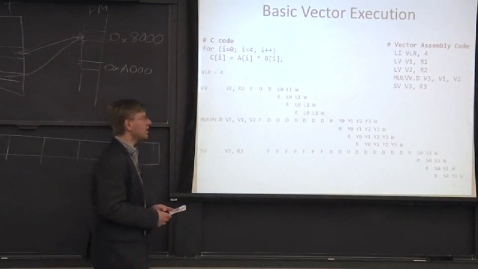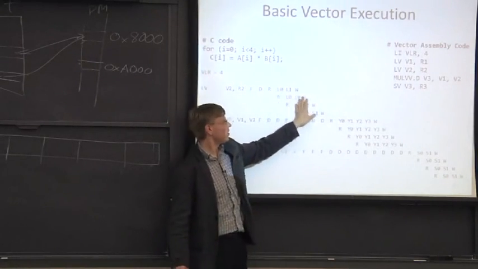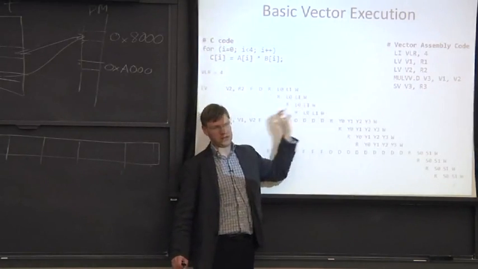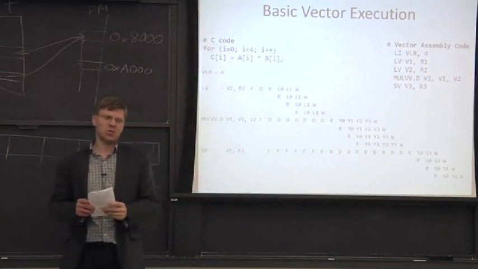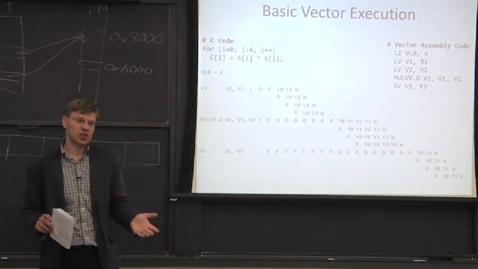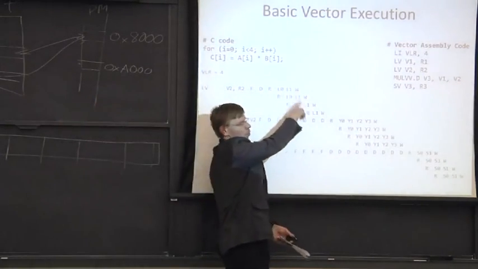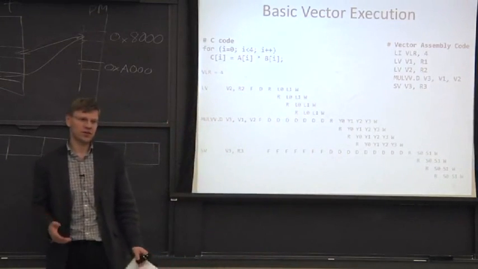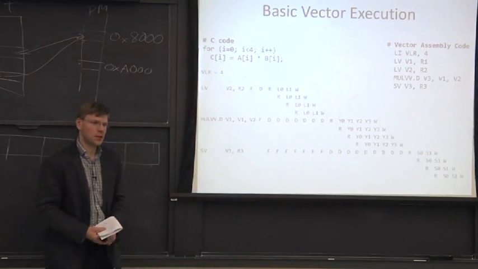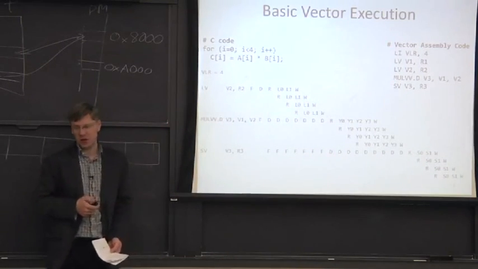So what we're going to see in a little bit is we're going to have some architectures where you can actually overlap some portion of the execution, let's say by having different functional units, and decrease the chime. So for this architecture here, the chime is 4, because it takes basically occupancy of 4, vector length of 4. And we only have one ALU effectively that can be used at a time here.